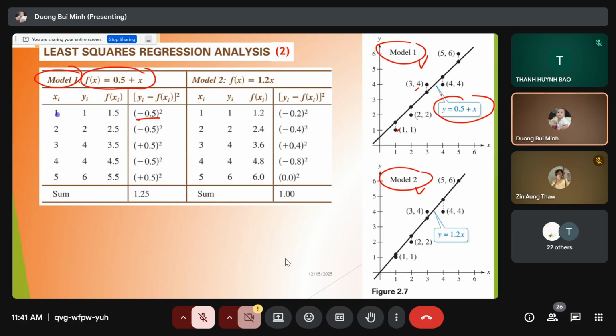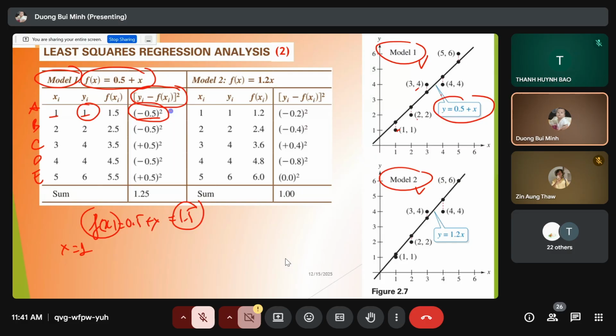Now we check. This is boy A, boy B, boy C, boy D, boy E. For boy A, we have 1, 1. If x is 1, we find the error. f(x) is 0.5 plus x, so if x is 1, f(x) is 1.5, but y is 1, so the error is minus 0.5.